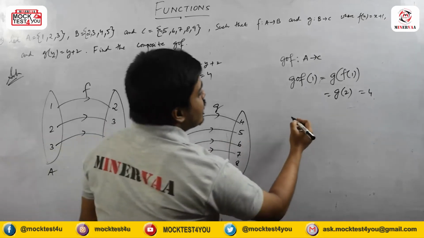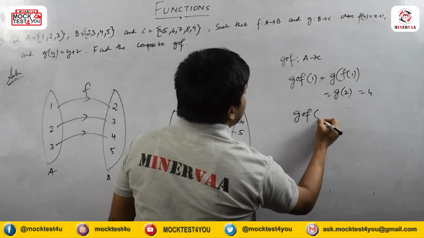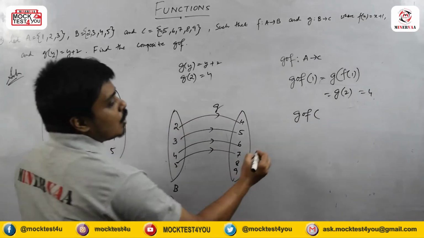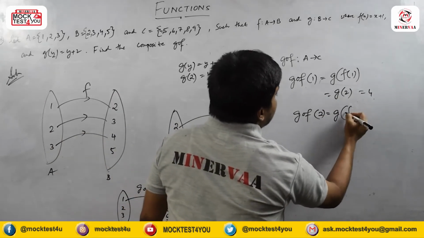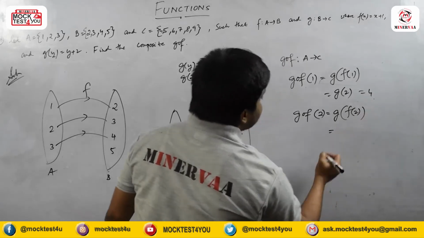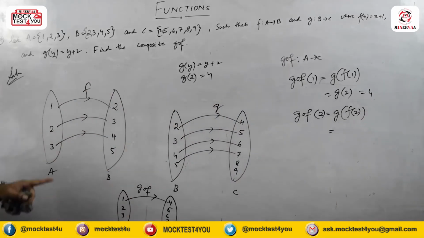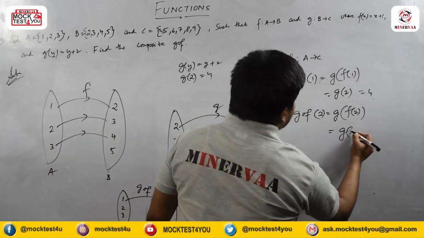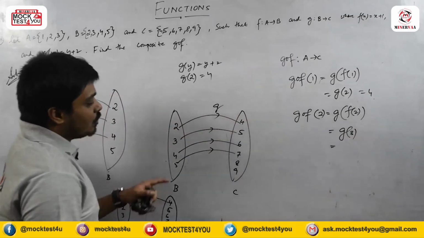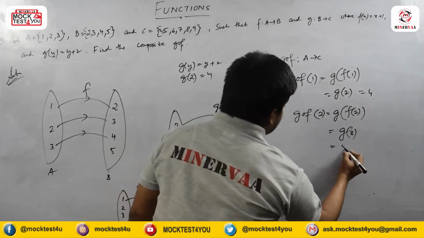Now the next element is 2. I will write g of f of 2, and f of 2 is equal to 3. That will be g of 3, and g of 3 is equal to 5. So this one is 5.